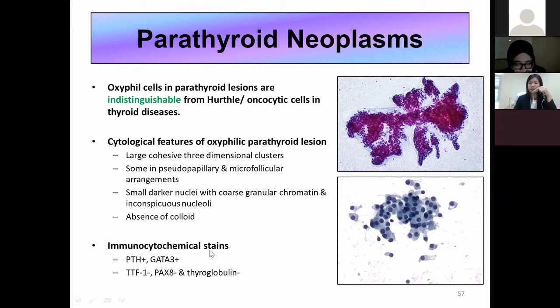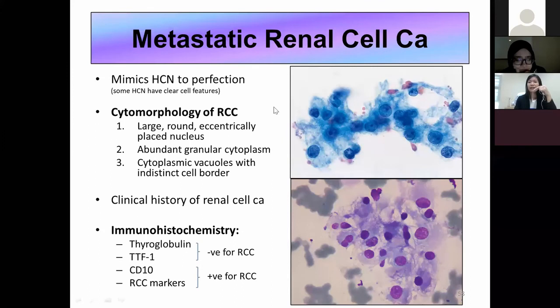Okay, another entity that mimics HCN to perfection is metastatic RCC, renal cell carcinoma. In this RCC, they tend to have round, relatively uniform nuclei, depending on the grading of the malignancy. They have abundant granular cytoplasm, like that of Hurthle cell neoplasia or follicular neoplasia of Hurthle cell type, and they have abundant vacuolated cytoplasm.